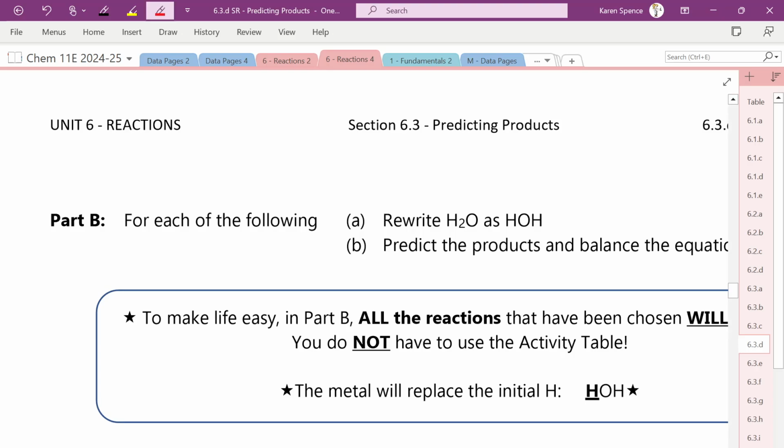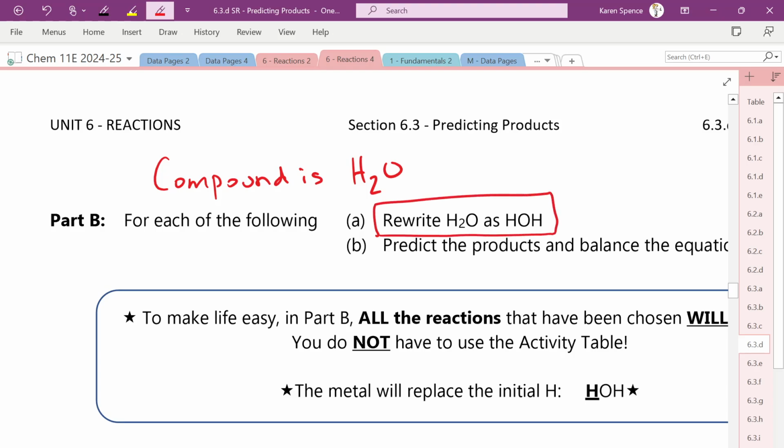When you get an equation and the compound is H2O, do not leave it as H2O. It's going to make it difficult in a single replacement. You're going to rewrite H2O as HOH.